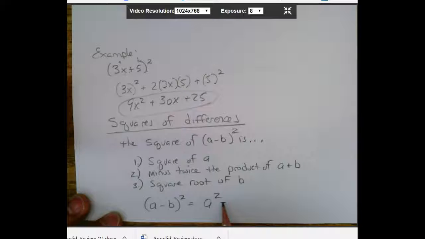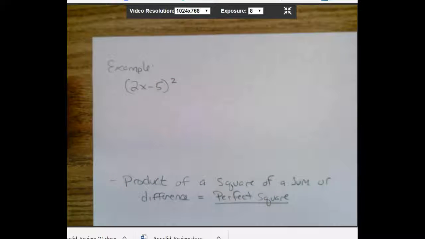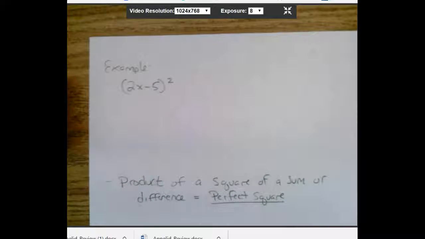Let's look at one that's a little more difficult. We have this one right here. If we have 2x minus 5, let's let the camera catch up here.